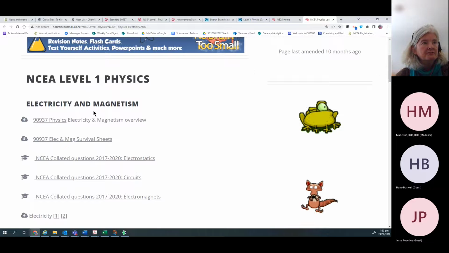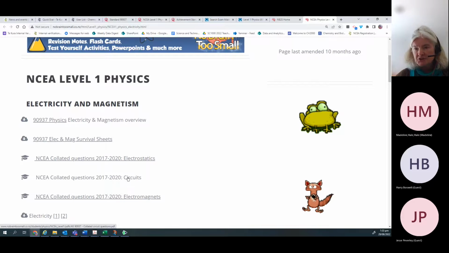So what's useful is she gives an overview, some survival sheets, and what she's also done is she's collated the exam papers, but in certain parts, so everything on electrostatics. So if you want to say focus on electrostatics because that's your weak area, then you can just download that PDF and just work through lots of electrostatic questions.